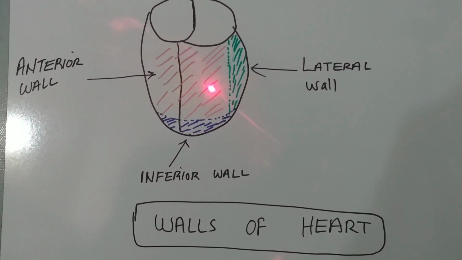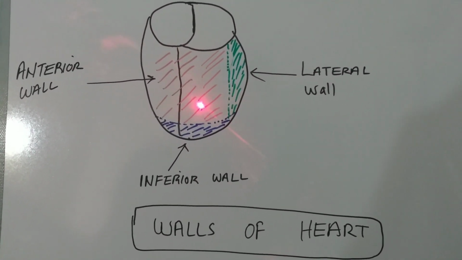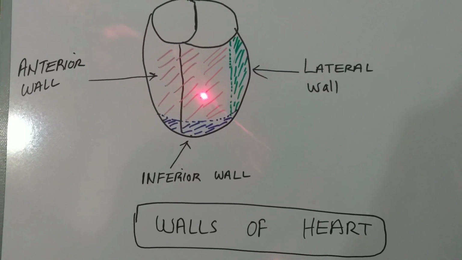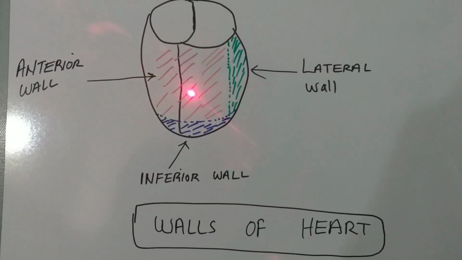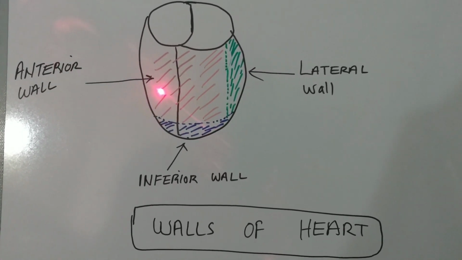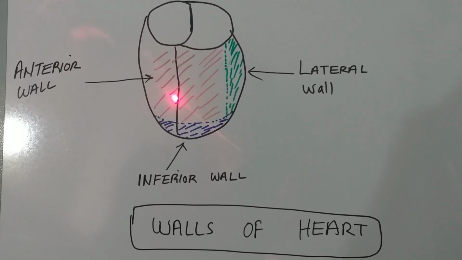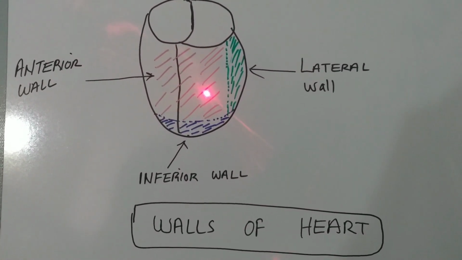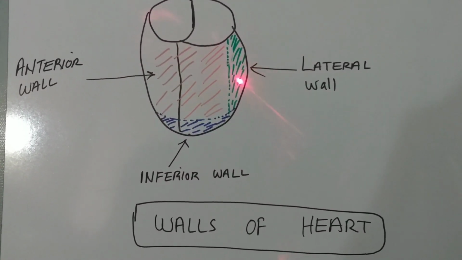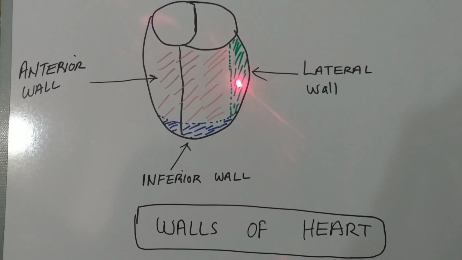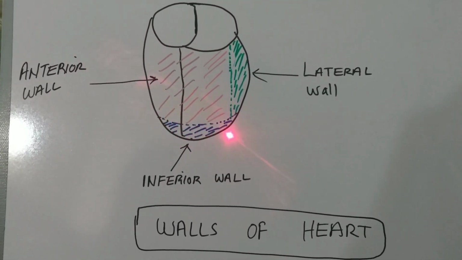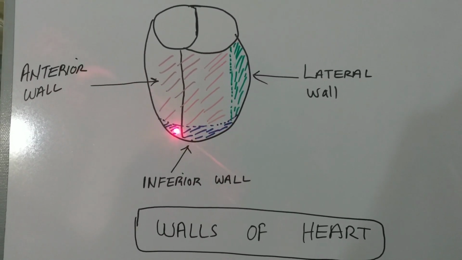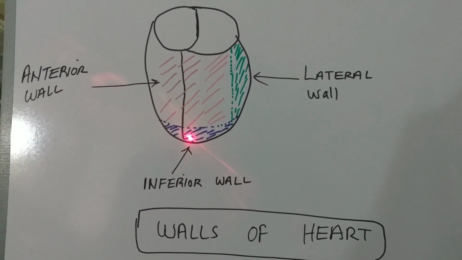And V3 and V4 are located here and are known as pure anterior leads. So the anterior chest leads are divided into three subgroups: V1, V2 anteroseptal; V3, V4 pure anterior; and V5, V6 anterolateral. 1 and AVL are the two limb leads which represent the lateral wall, and 2, 3 and AVF are the three limb leads which represent the inferior wall on the ECG paper.